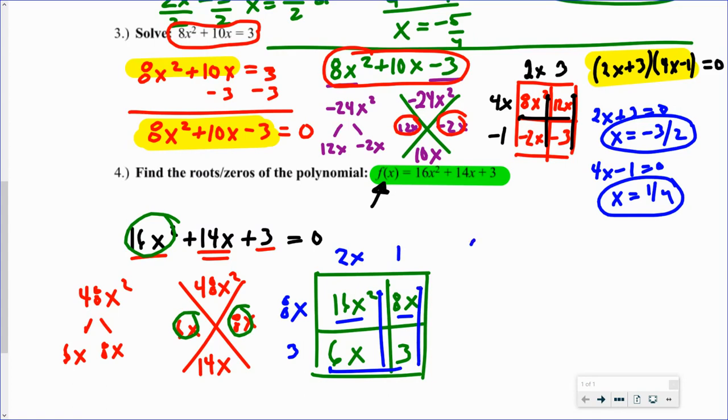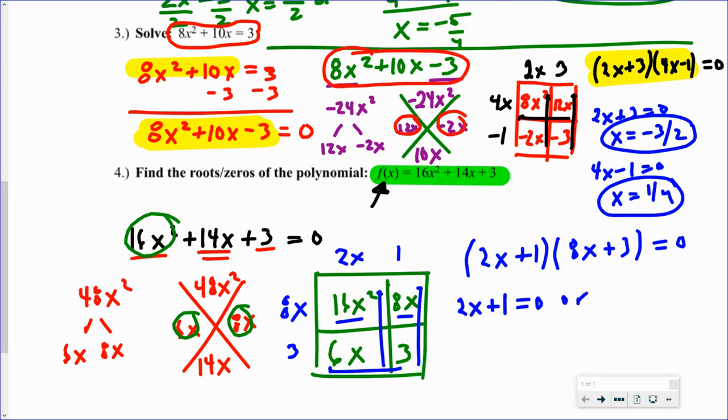So we're going to rewrite the original expression now in factored form, set equal to 0 so we can find the x-intercepts of that function. So 2x plus 1 equals 0, or 8x plus 3 equals 0.